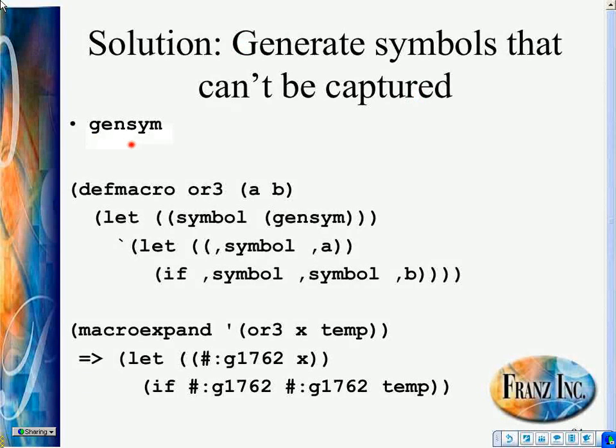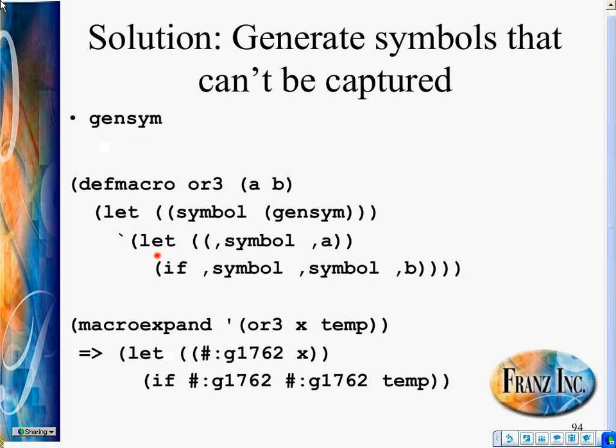So there is a function within Lisp called gensym, and gensym will return a new symbol which is guaranteed not to already exist. And so you can create one of these symbols, and then it can't possibly be captured by any of the code above it because the symbol didn't exist prior to the call to gensym.